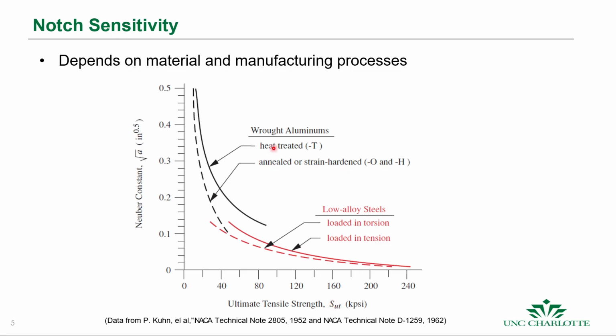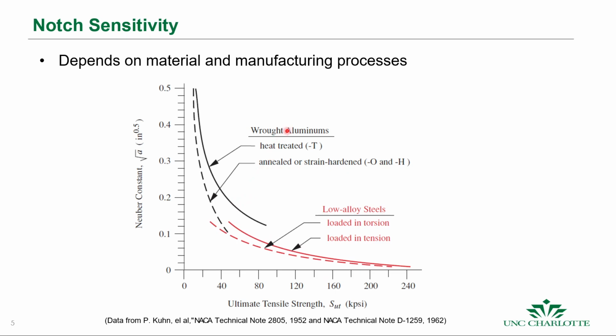Okay, so in wrought aluminums that are either heat treated or annealed or strain hardened, we get these curves here. In low alloy steels, if they're loaded in torsion or tension, we get these values here. Okay, so this is what we get when we plot that Neuber constant as a function of the ultimate tensile strength for these different materials.